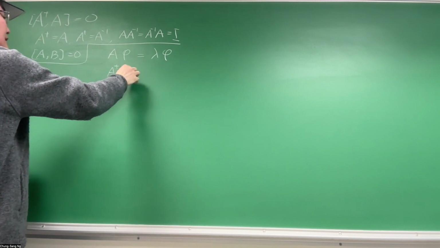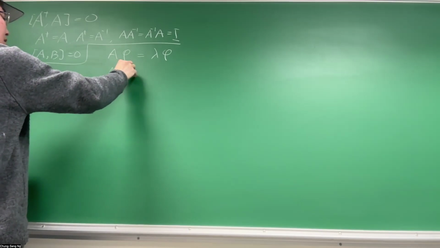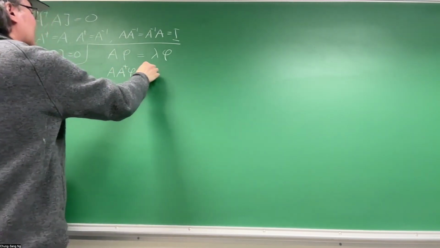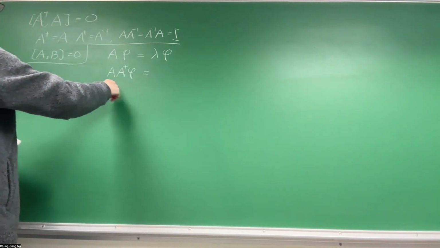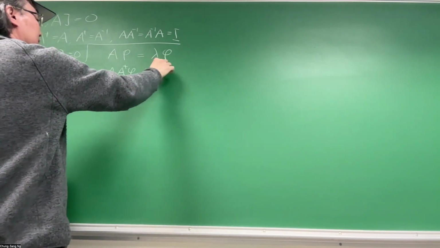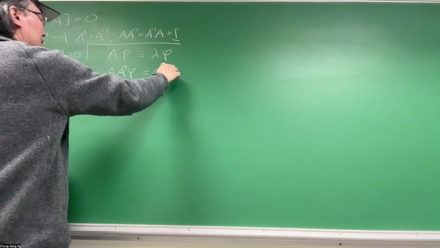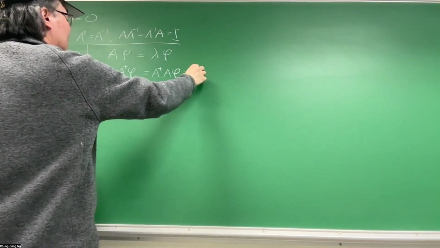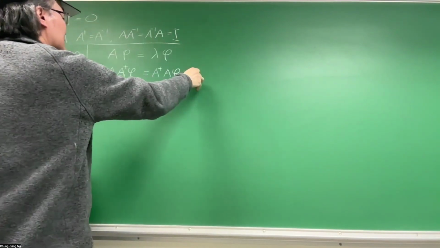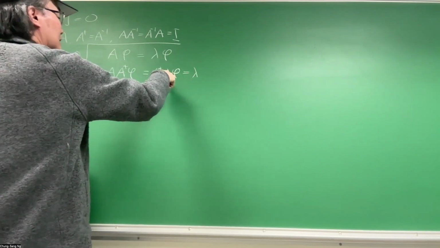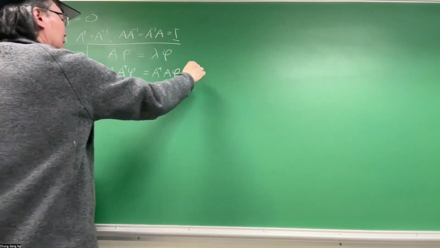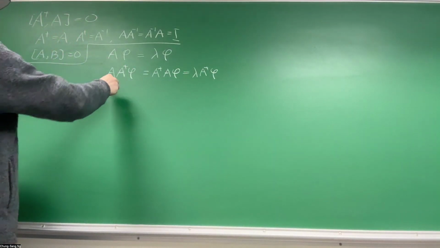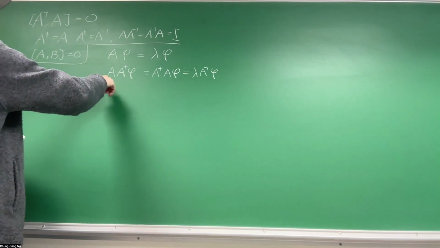Consider A dagger A phi, and using the fact that they commute, this is A A dagger phi, and then using A phi equals lambda phi, this is lambda times A dagger phi. Right, so then just compare this with that.